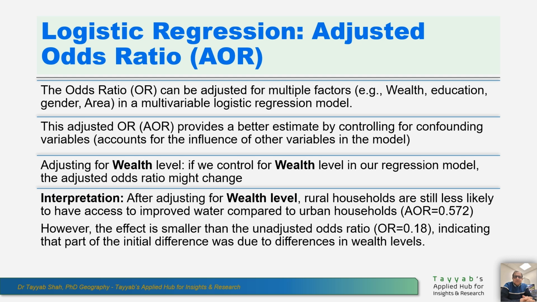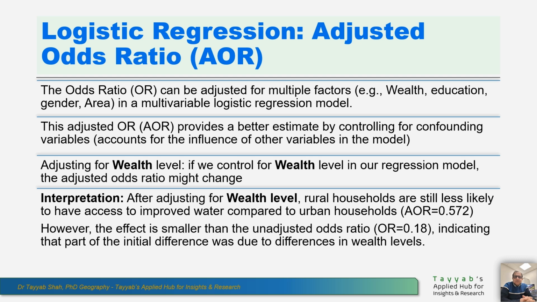So the odds ratios can be adjusted for multiple factors in a multivariable logistic regression model, and the adjusted odds ratios provide a better estimate by controlling for confounding variables. In other words, they account for the influence of other variables in the model.